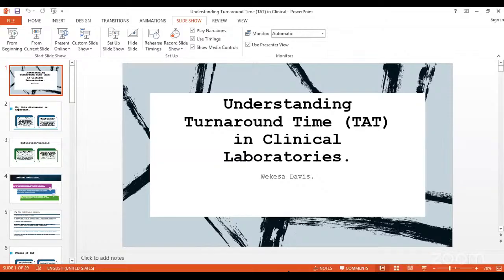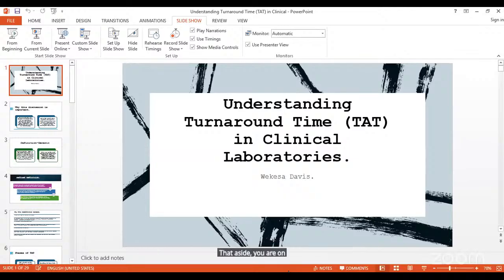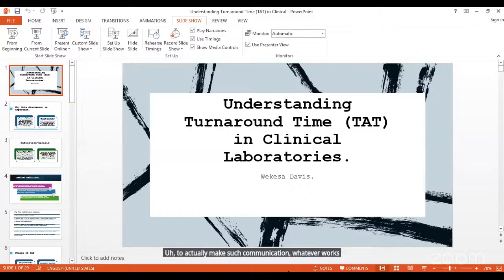Or we have settings whereby facilities are provided with a facility mobile phone, which I believe always has credit. So whatever works for you, either a phone call allowance, or you use the facility phone to make such communication. Thank you.